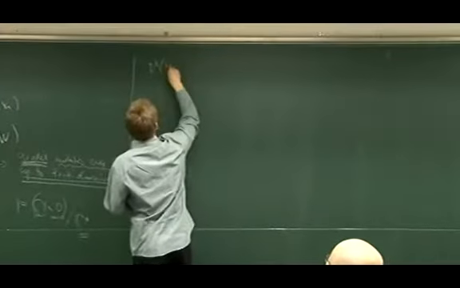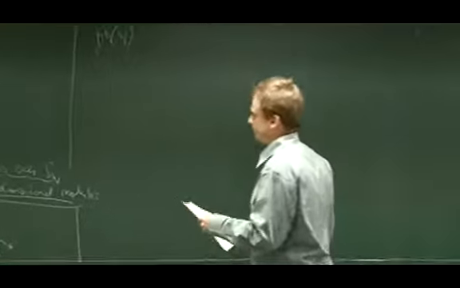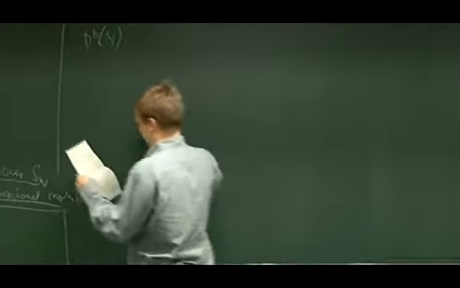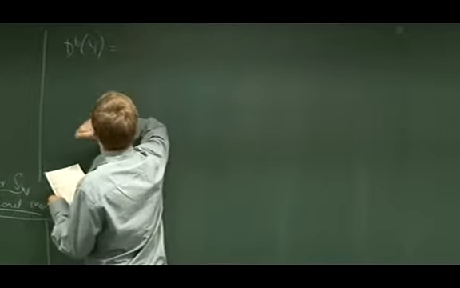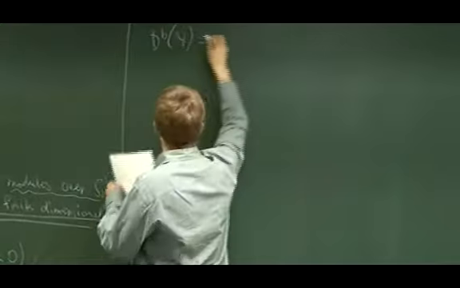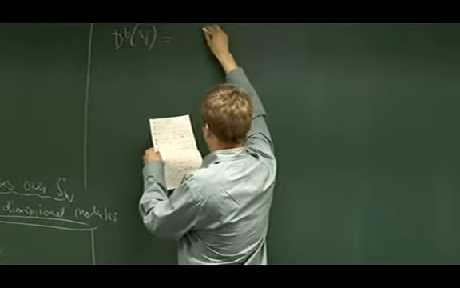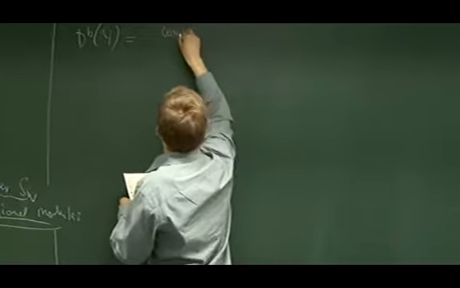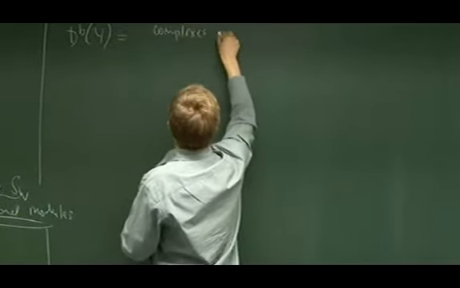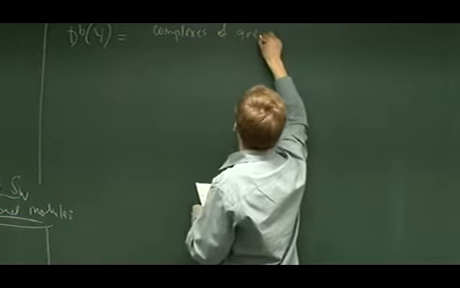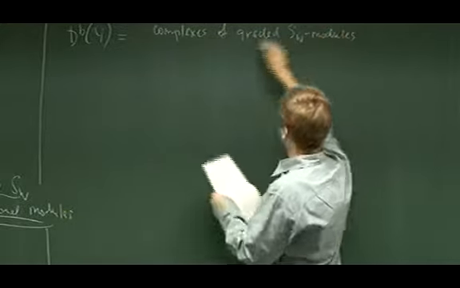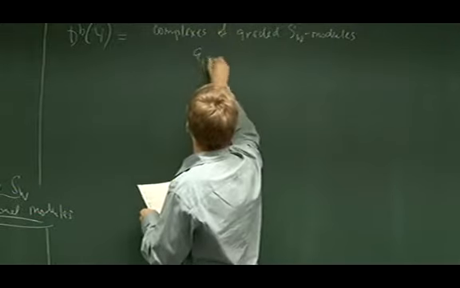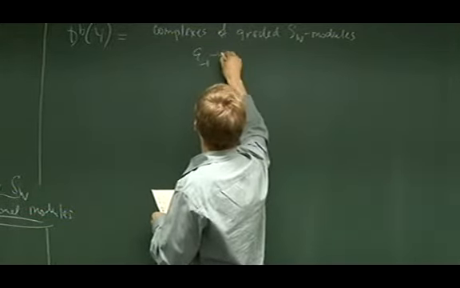Okay, so here's this. And it's an informal definition. We're talking about the derived category. In this particular situation, we could say that we are taking at first complexes of graded SW modules, and the complexes would be like that.